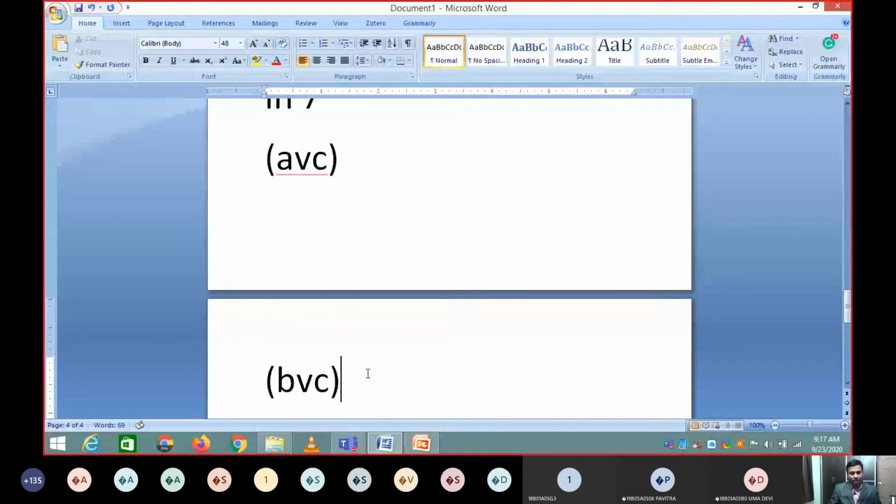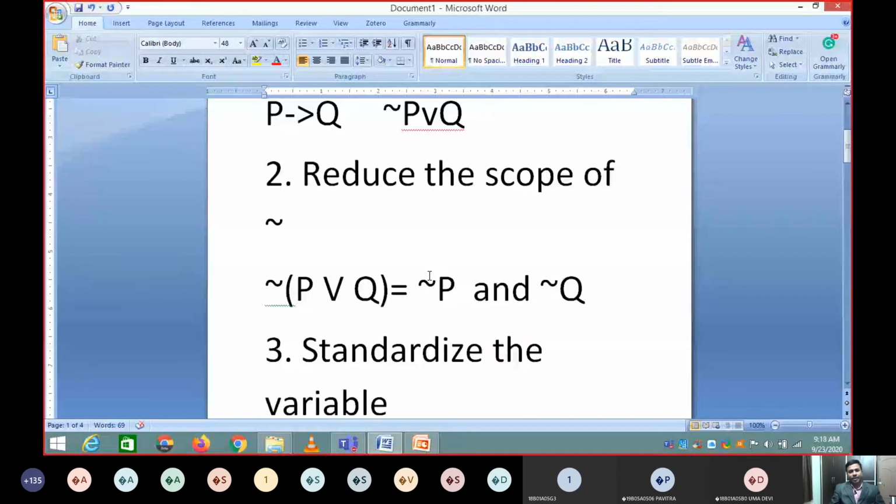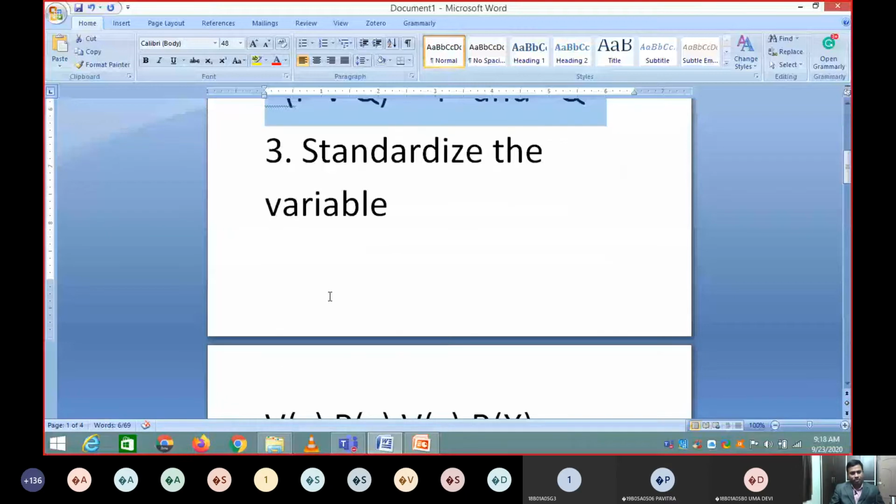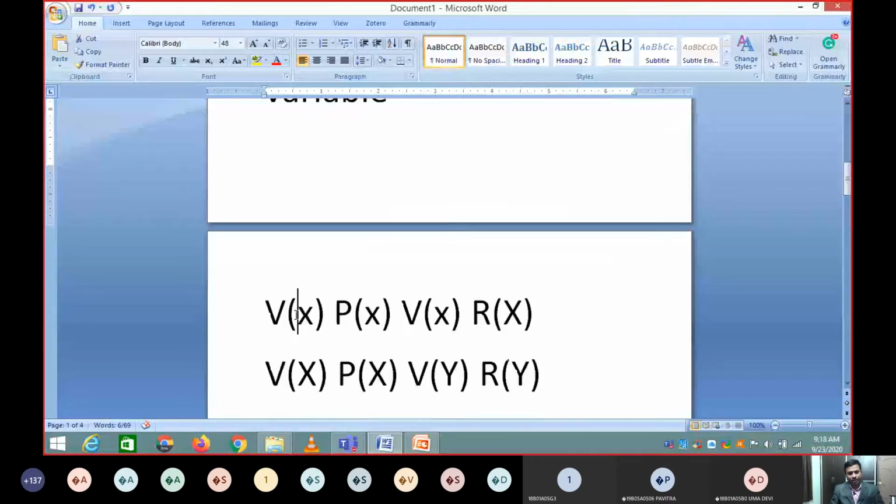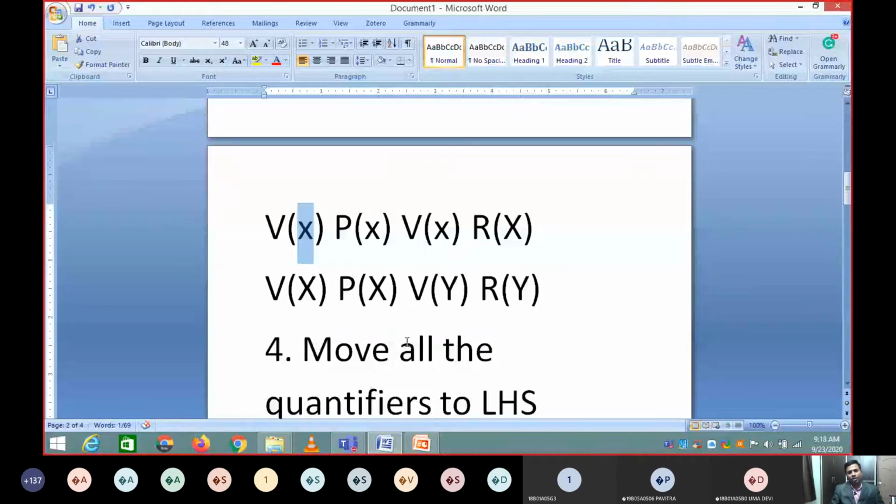All these rules that I have typed are very easy. The same rules will be there in the slides also. We will see that. So you should not use the implication. Whenever implication is there, you can use this rule to remove it. You need to reduce the scope of the negation operator by expanding them. If I use a variable, standardize the variables, meaning you cannot use the same variable for all the instances, so it is better to go for another variable.